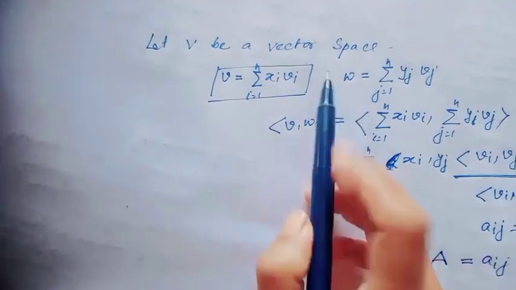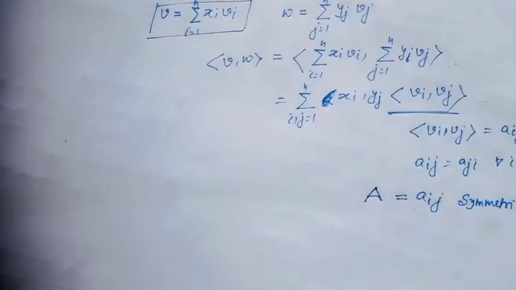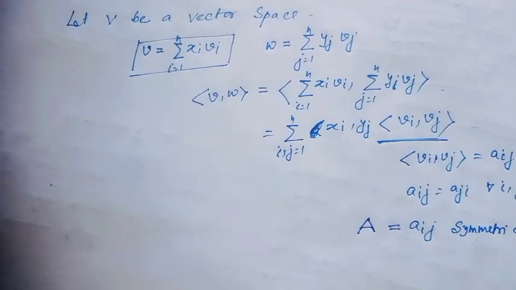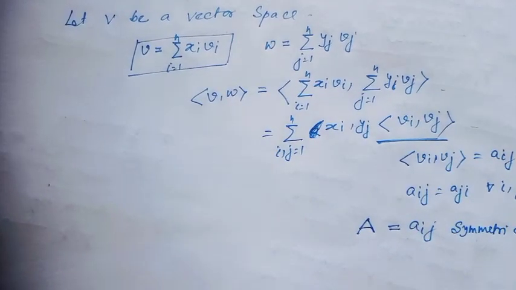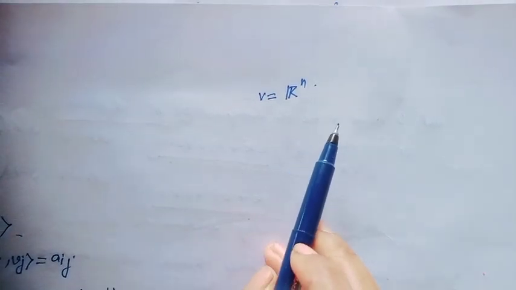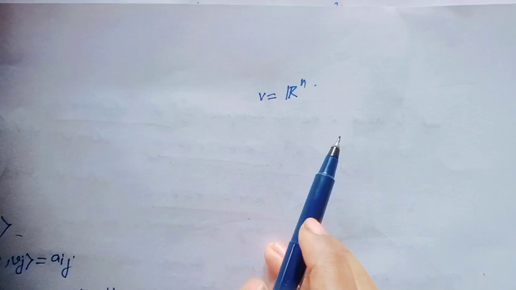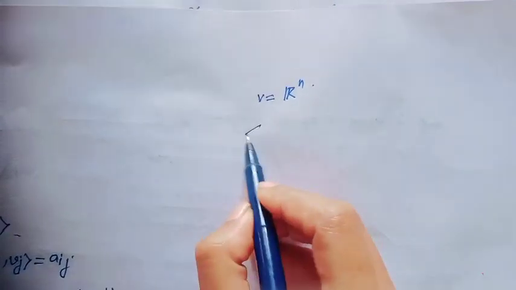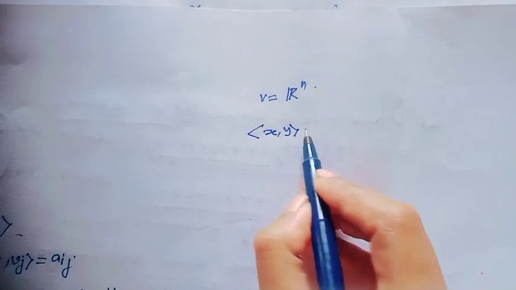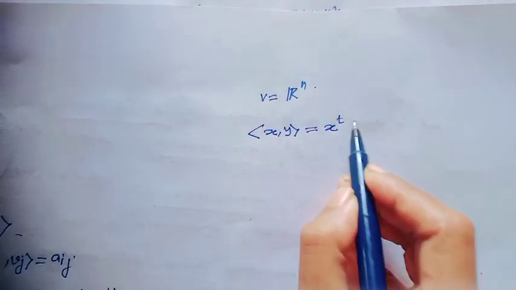From a vector space V, we can always construct one symmetric matrix from a combination of basis elements. Now I will define inner product in a different way. Consider V = Rn. Then obviously the dot product is defined as the inner product of x with y equal to x transpose y.